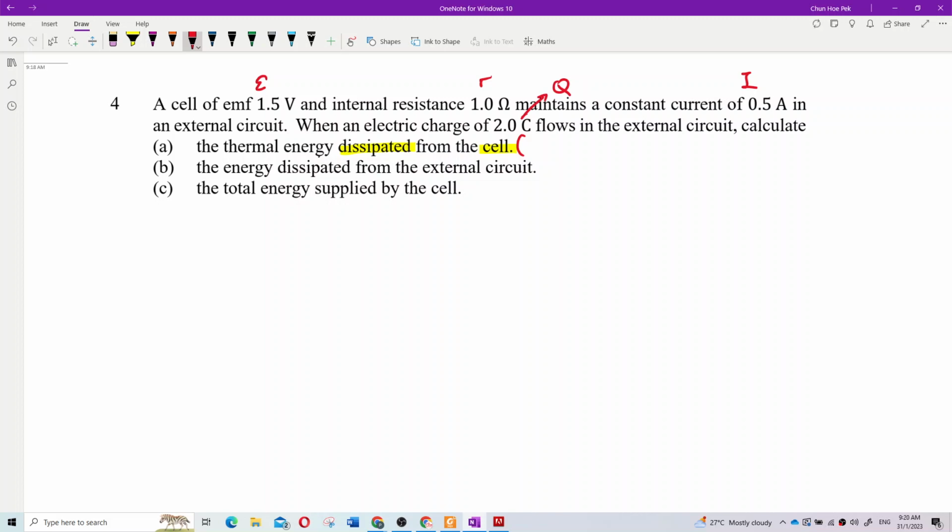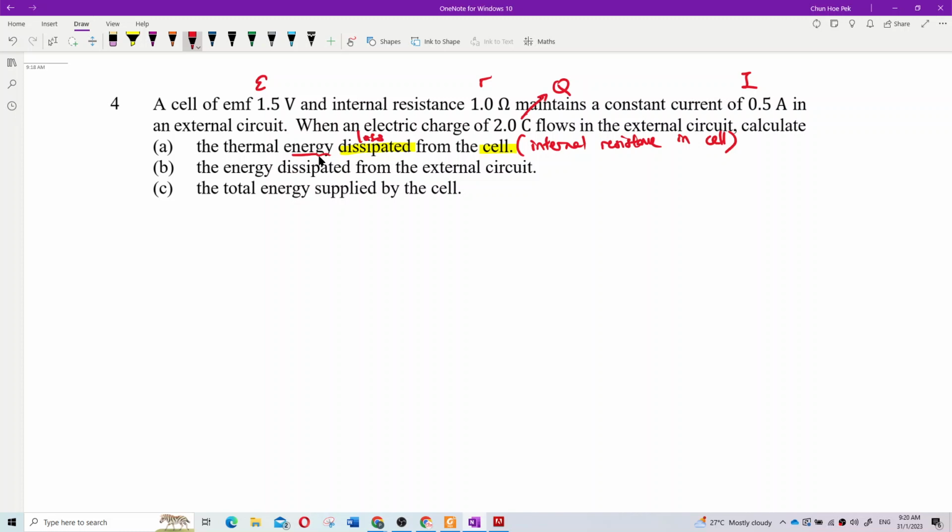Internal resistance. Yes, because the battery has internal resistance in the cell, so there is energy loss. Dissipated means loss.